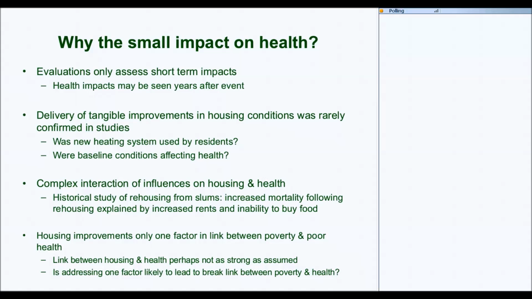But when you start to control for other socio-economic variables, the link is maybe not as strong as we might have thought. Also, we expect to see health effects in the short time scale of an evaluation. By addressing one factor to do with poverty, are you really expecting to see improvements in health if the person is still without a job and on a very low income?